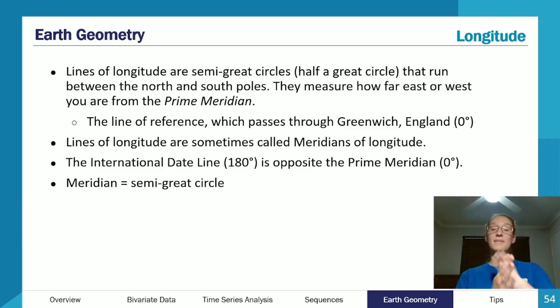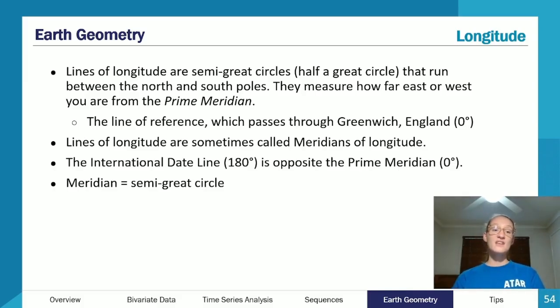And fun fact, that's the 0 degrees longitude, and that line actually passes through Greenwich, England. So fun fact that might come in handy. The lines of longitude are sometimes called meridians of longitude. So you might hear parallels of latitude and meridians of longitude, again just other names.